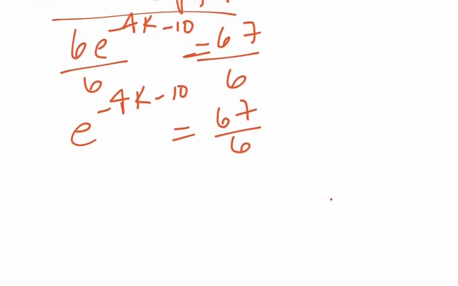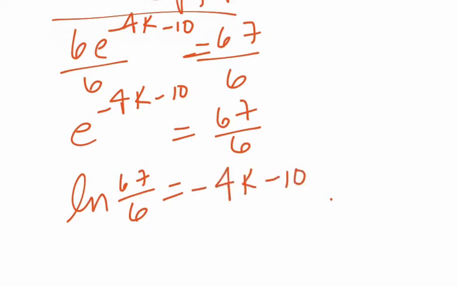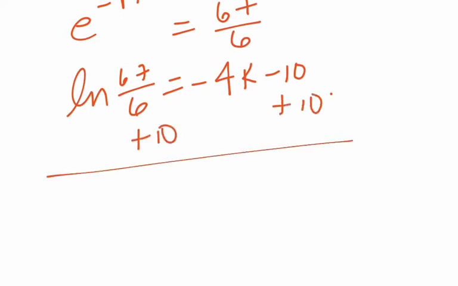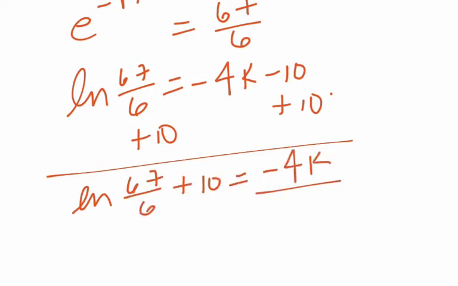Then I'm going to write it logarithmically. ln of 67 over 6 is equal to negative 4k minus 10. Again, then I'm going to add 10 to both sides. And I'm going to divide by negative 4.